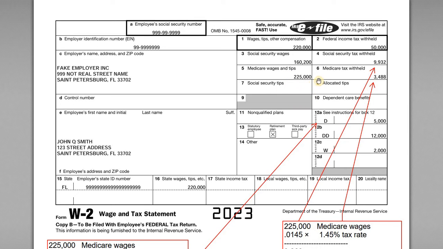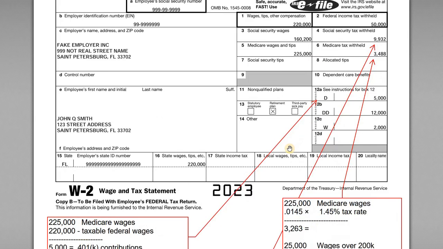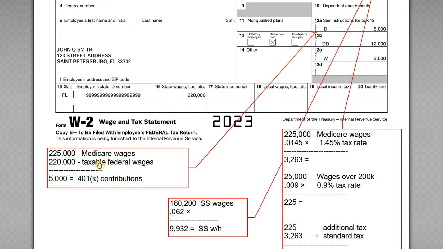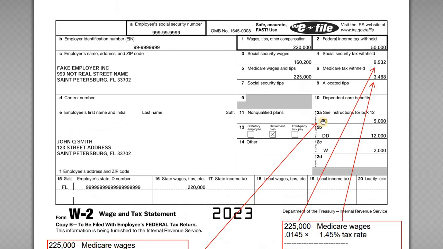Before we look at that calculation, let's talk about some of the differences here. Notice how the wages in box 1 are $220,000, the Medicare wages are $225,000, so there's a $5,000 variance there. The most common variance that we see between boxes 1 and 5 or even 1 and 3 is 401k contributions. So when we look at box 12, code D, the $5,000, code D represents the amount of pre-tax 401k contributions that you have made to your company's 401k plan, right?